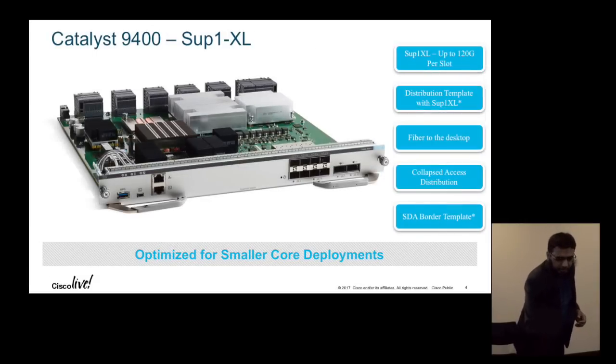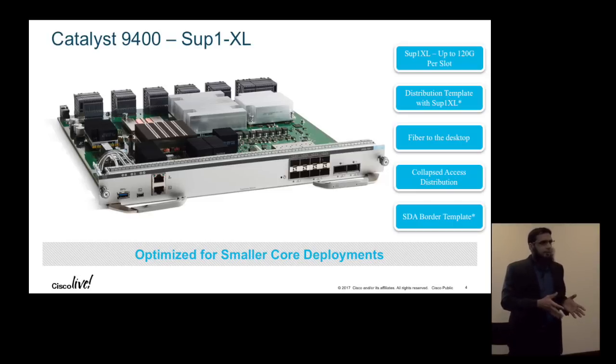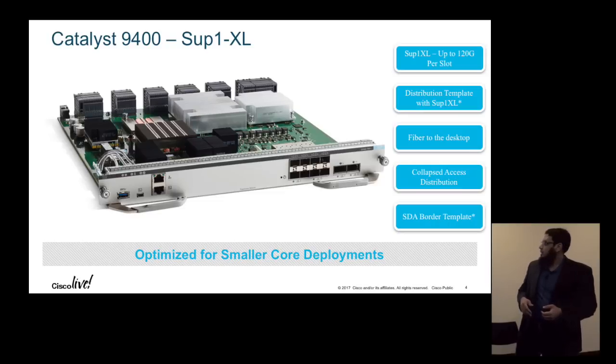We have also introduced a SUP1 XL, which is optimized for a smaller core. It has better bandwidth than the SUP1 that we introduced earlier, and comes with multiple templates, which is suitable for core. So it has better table sizes for core deployments and aggregation deployments.